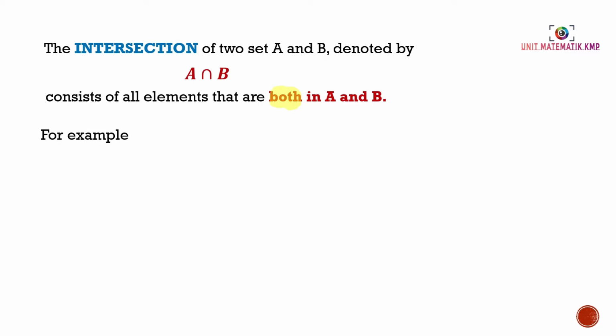For example, let's say we have {3, 4, 5} for set A and {4, 5, 6} for set B. So we want to look for the elements that are in both A and B. So the elements are 4 and 5. 3 is only in set A and 6 is only in set B. So the elements for A intersect B are 4 and 5.